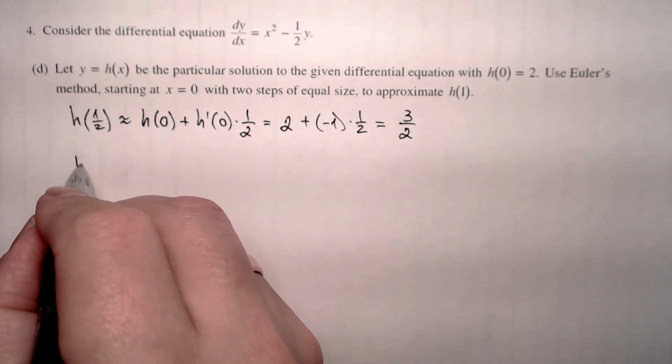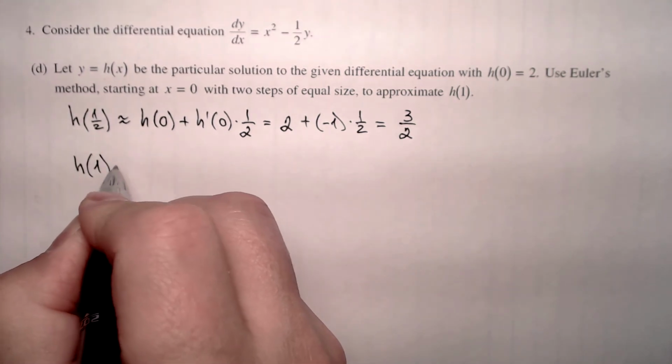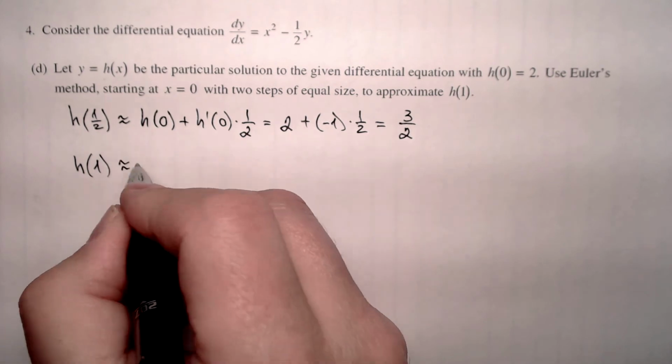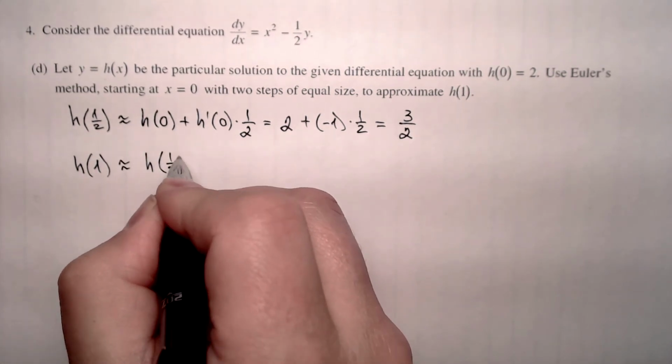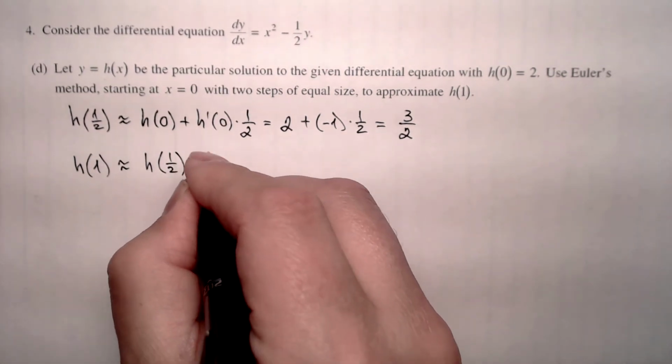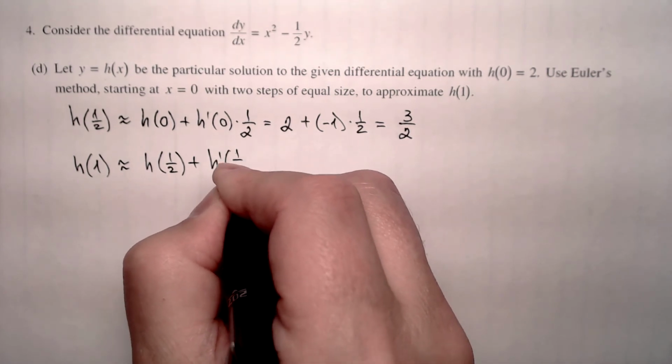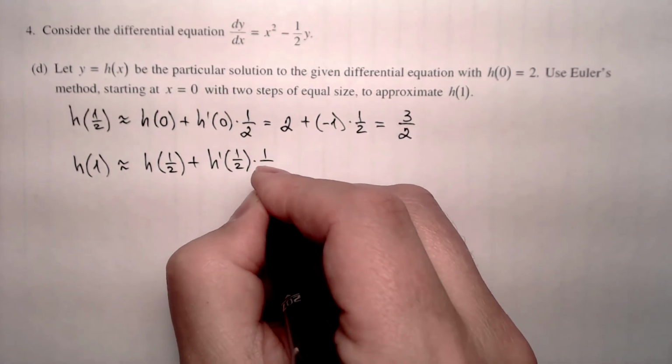And then the second step is h of 1 is approximately equal to h of 1/2 plus h prime of 1/2 times 1/2.